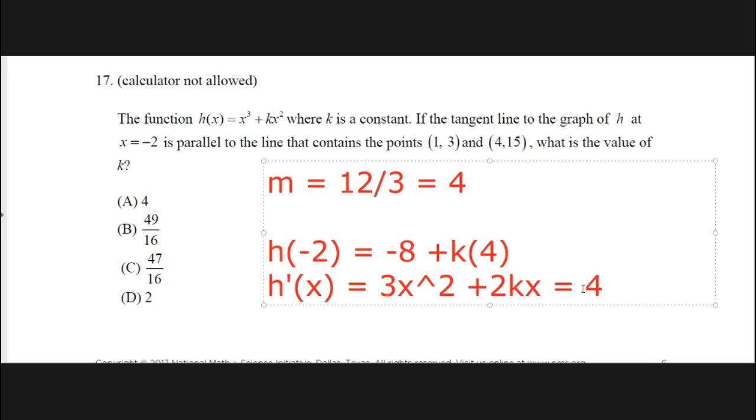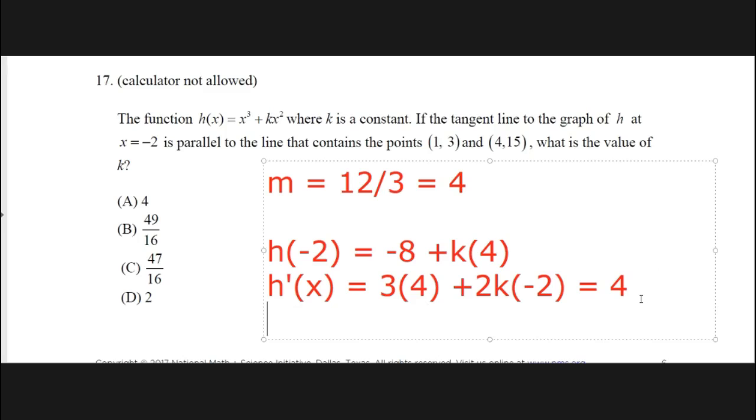So I could use that idea. I know that my x is negative 2. So that would be 3 times negative 2 squared, which is 4, plus 2k times negative 2. So then we get that all of that has to equal 4. So 3 times 4 is 12. Subtract 12 from 4, you get negative 8. Then we have negative 4k equals negative 8. Divide both sides by negative 4, and we get k equals 2.